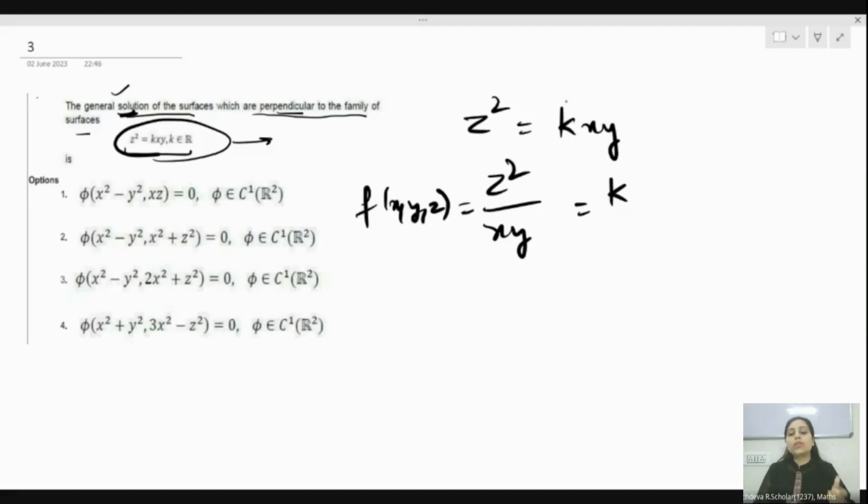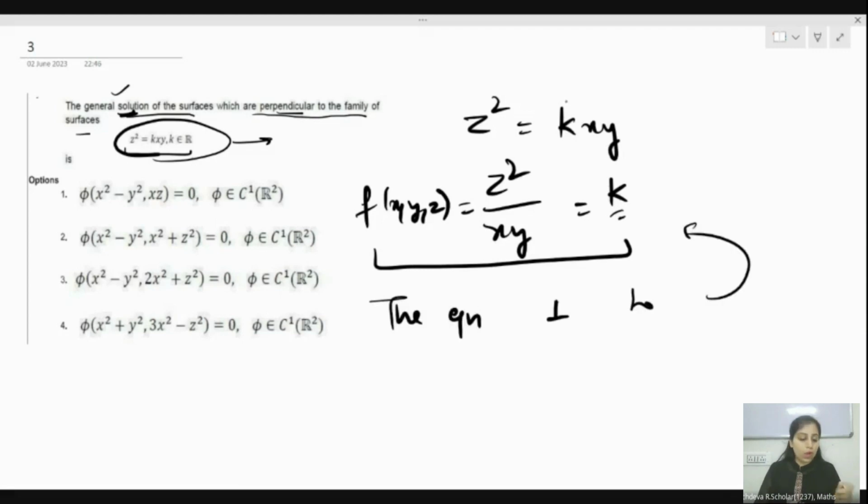If we want to write a family which is perpendicular to this family, this is a whole family, just differing by a constant. So we can write the equation of the family perpendicular to this family. How can we write it?